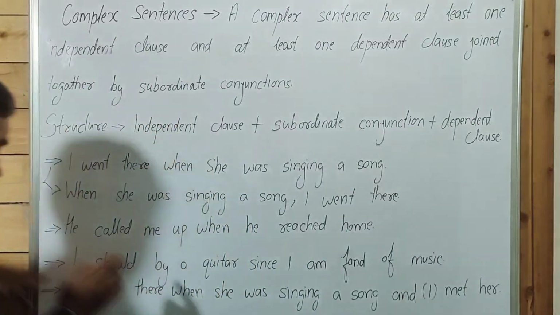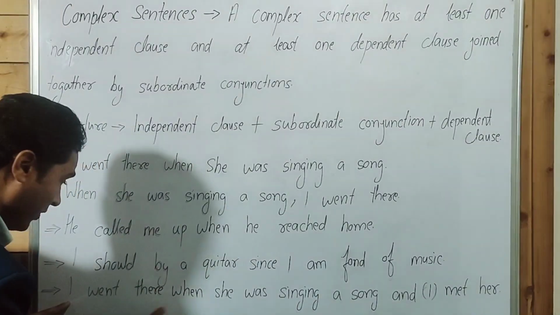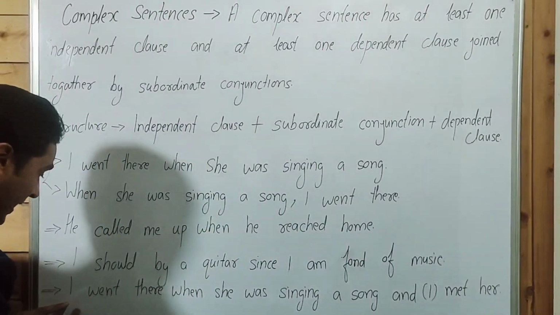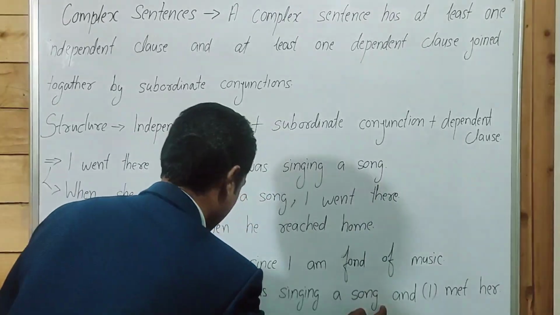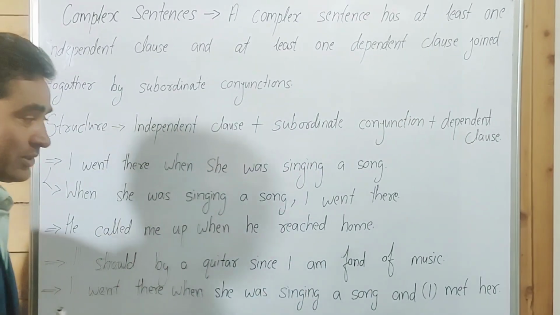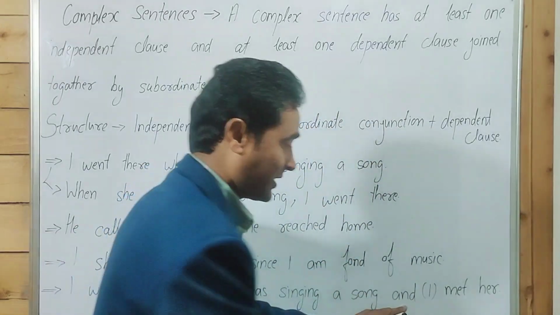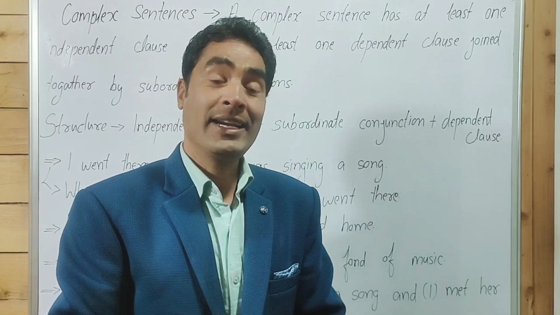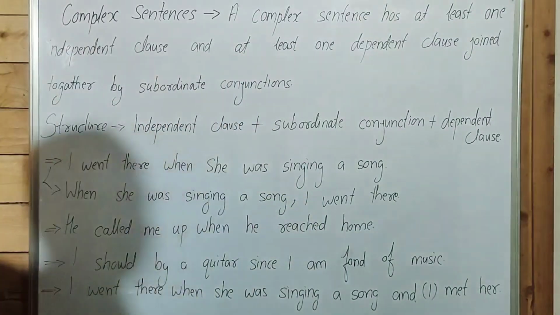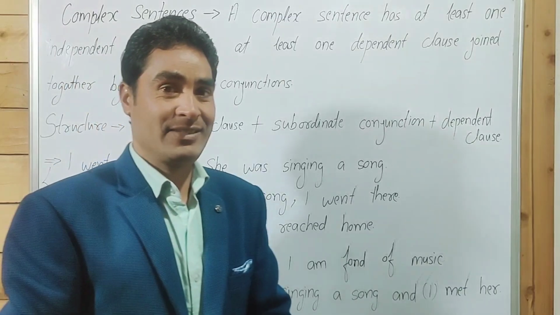But in this sentence there are three clauses. First is the independent clause, I went there. After that, when she was singing a song is a dependent clause. And is a coordinate conjunction, and I met her is also an independent clause. It has three clauses.